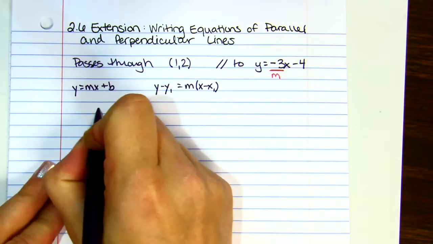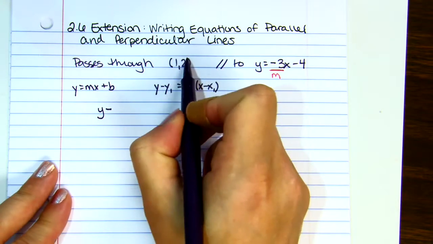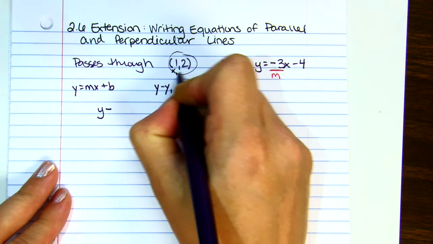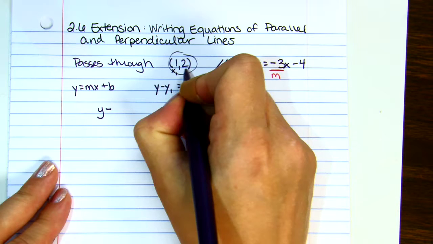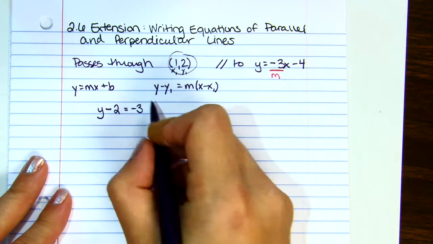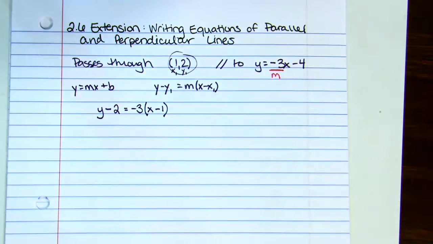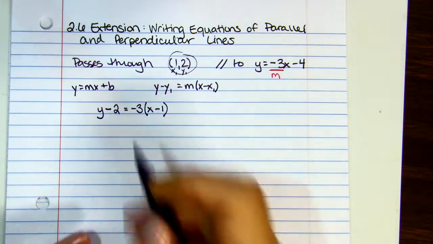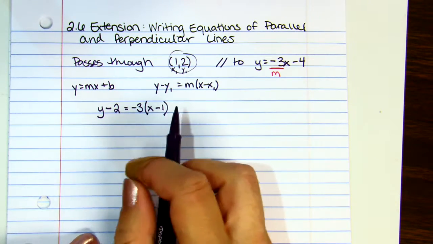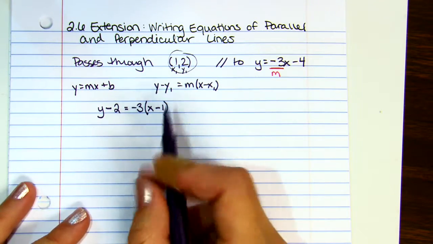We have y minus, and then I need to go through this point. So this will be my x1, this will be my y1. So y minus 2 equals negative 3 times x minus 1. There is an equation for my line. This is in point-slope form, so let's just change this into slope-intercept form.